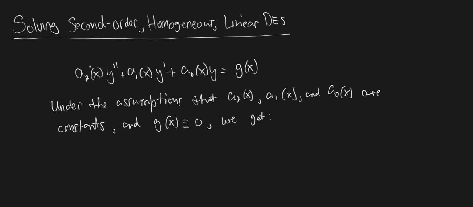Now, if my coefficients are constants, essentially what I can do is get rid of the x's. So they're no longer functions of x, they're just constants. So I can get rid of that part of it, and put a 0 there, so then the equation looks like this. A constant times the second derivative plus a constant times the first derivative plus a constant times the original function is equal to 0, right?